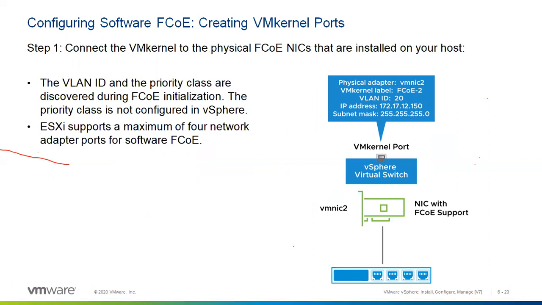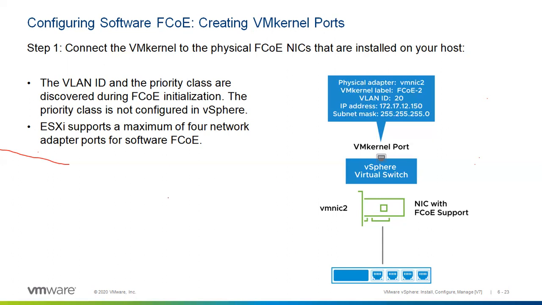So in case we are using FCOE for NIC purposes, like we want to connect any NAS storage, in this case we have to create a VMkernel port and map to that the actual physical adapter.